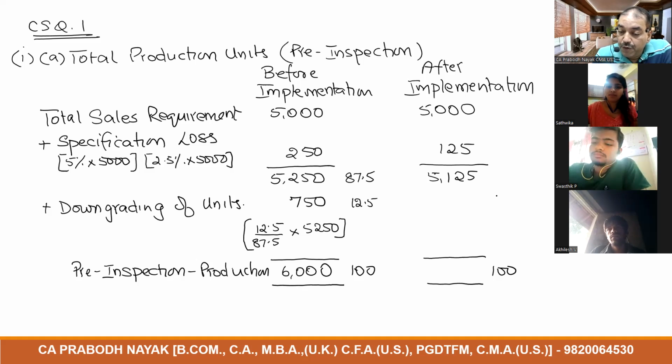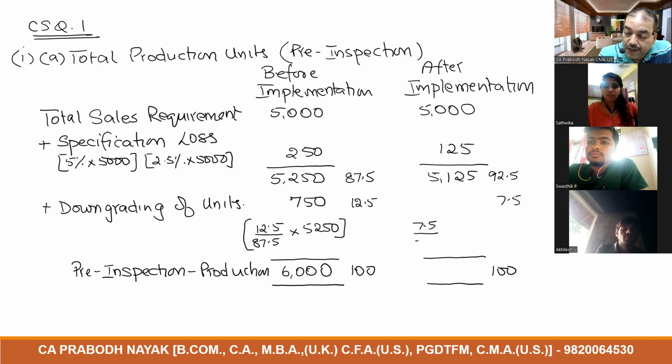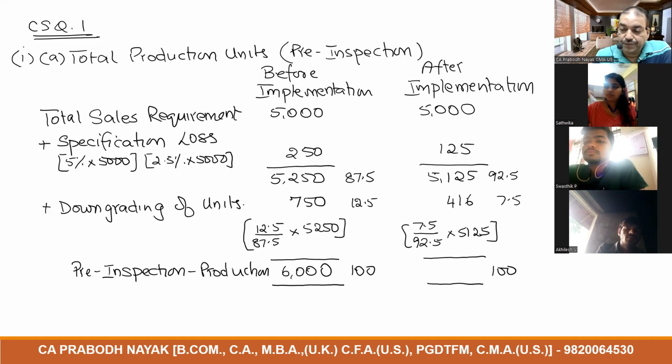So downgrading is 7.5. 100 minus 7.5 is 92.5%. So now how do I calculate? 7.5 divided by 92.5 into 5,125. I think that will come to something like 416. I take the total, 5,541.